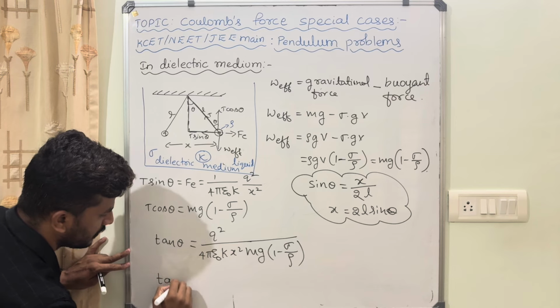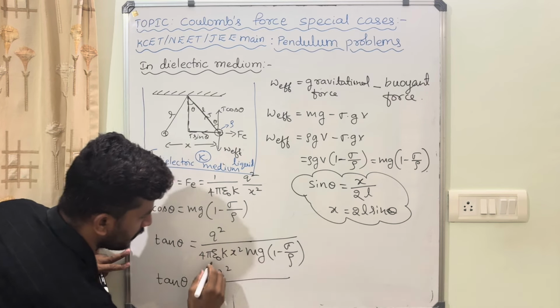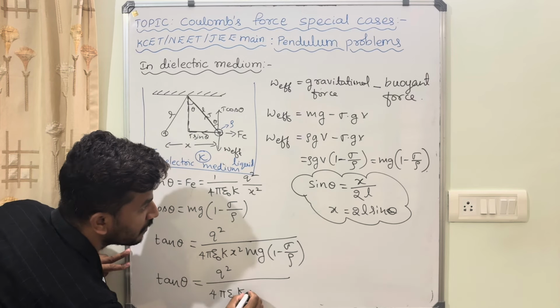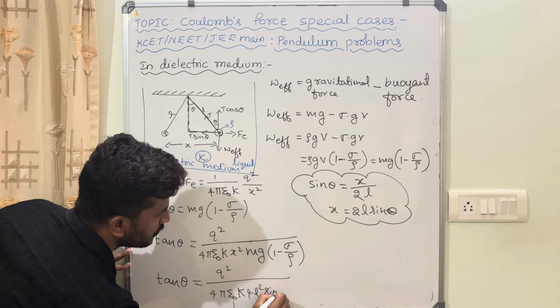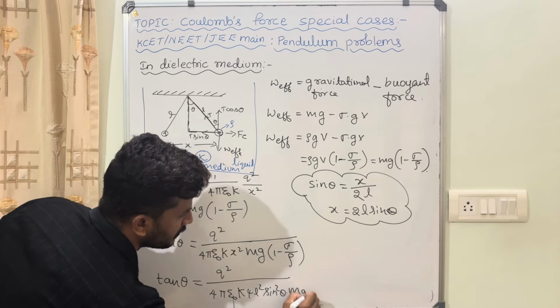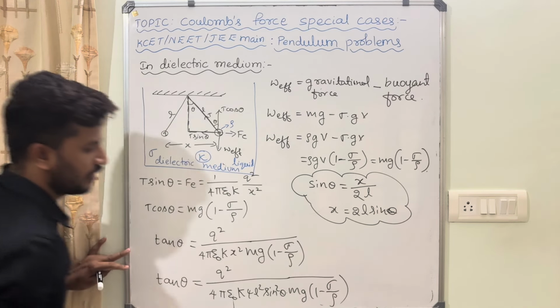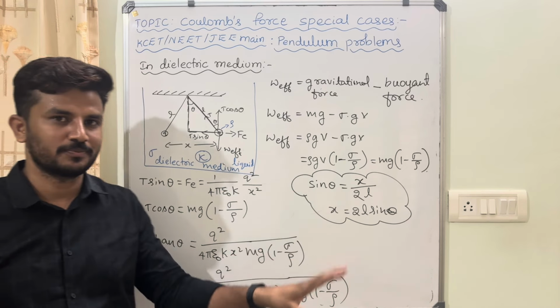So tan theta is equal to Q square divided by 4 pi epsilon naught K into 4 L square sin square theta, into mg into 1 minus sigma by rho. Right? Yes or no? So this is about this problem.